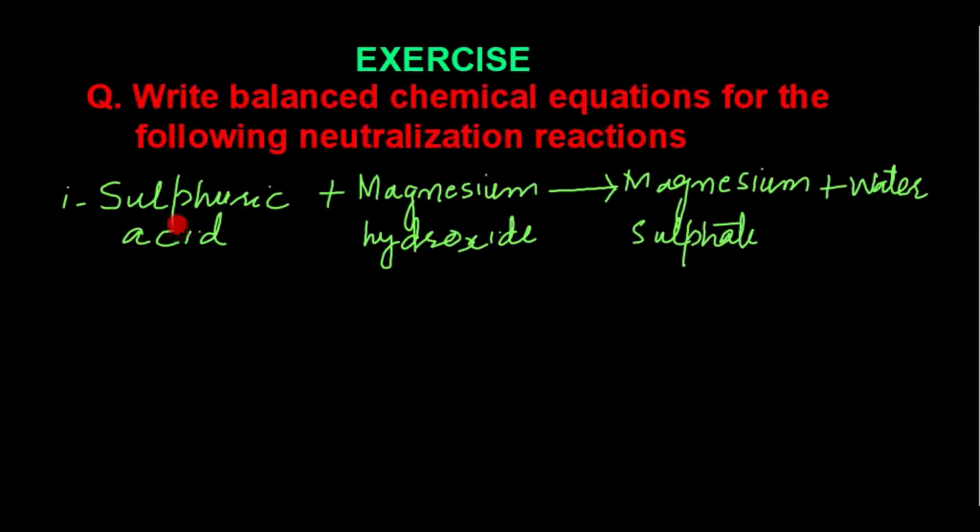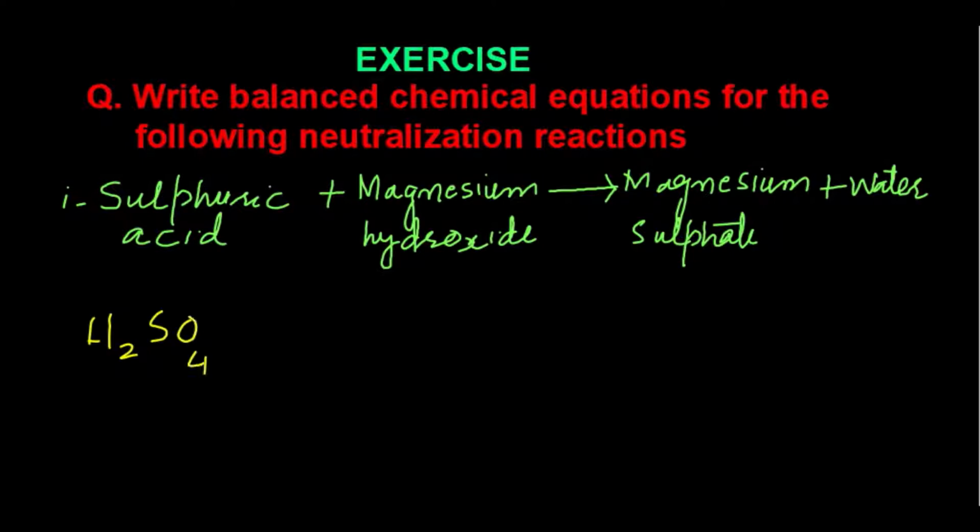The first reaction is the reaction of sulfuric acid with magnesium hydroxide to form magnesium sulfate and water. Now we will write the balanced chemical equation for this reaction. Sulfuric acid, we know the formula for sulfuric acid is H2SO4.